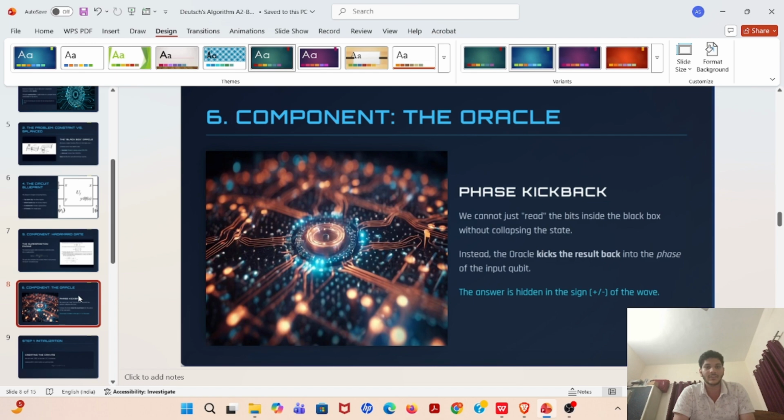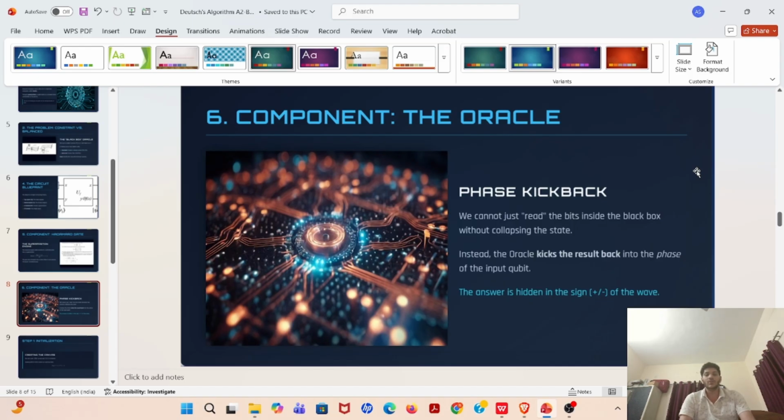The next slide is about the phase feedback of the oracle. We cannot read the bits inside a black box. The inside of the black box is hidden and we cannot read it.